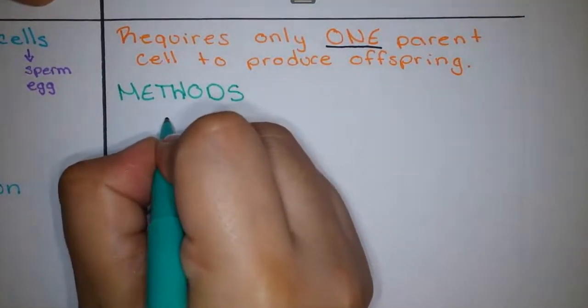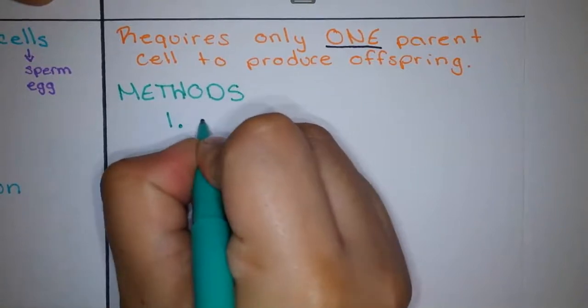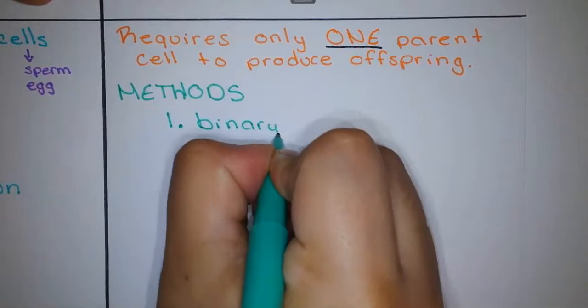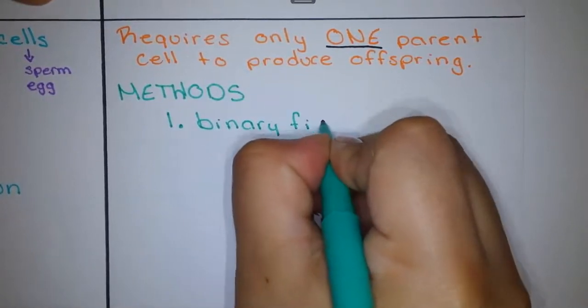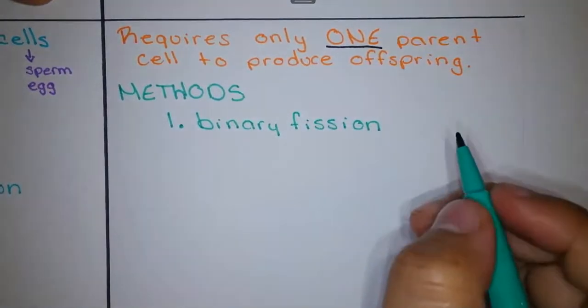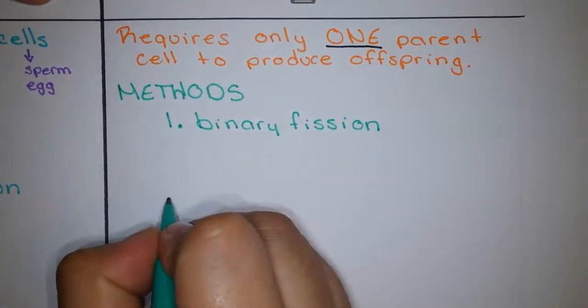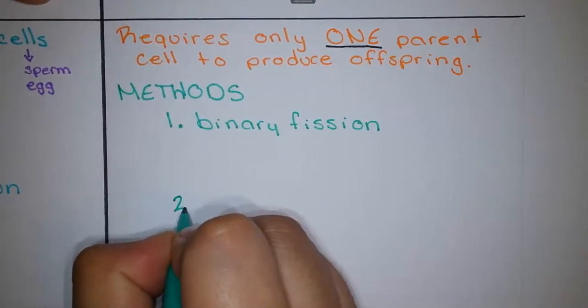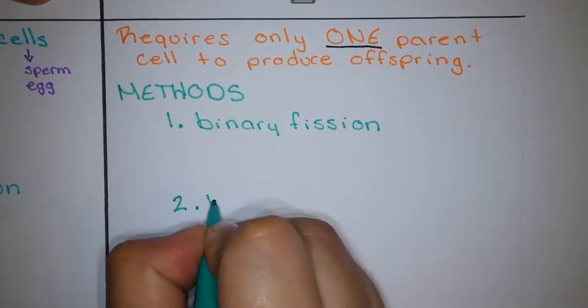The first one is binary fission. Okay. And the second one, and I'm leaving a little bit of space because we're going to draw something, is budding.